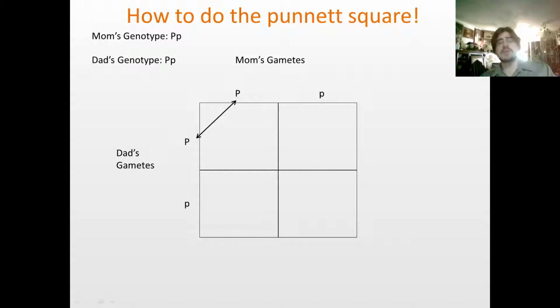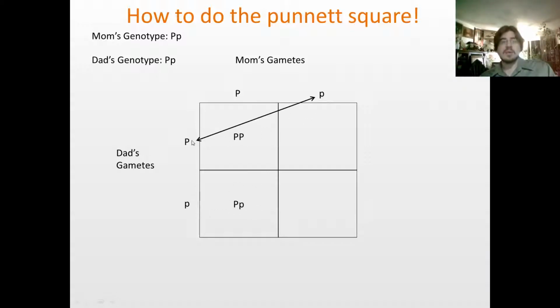So now we do the Punnett Square, and we start putting together the alleles when dad's sperm fertilizes mom's egg. So it's random fertilization, so dad's sperm carrying this dominant allele could fertilize mom's egg carrying a dominant allele, in which case we get homozygous dominant, or we could have dad's recessive sperm fertilize mom's egg carrying a dominant allele, in which case we have a heterozygote.